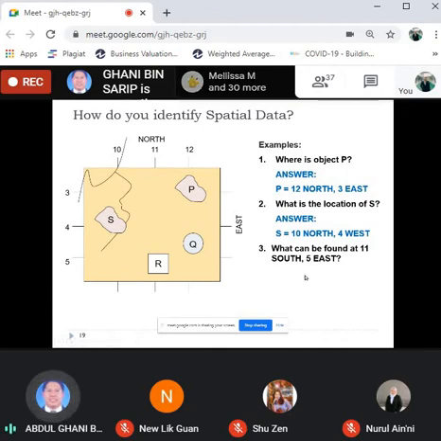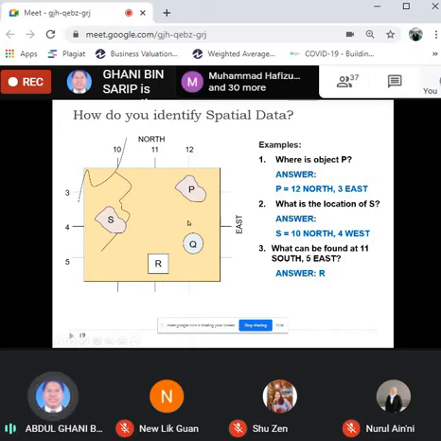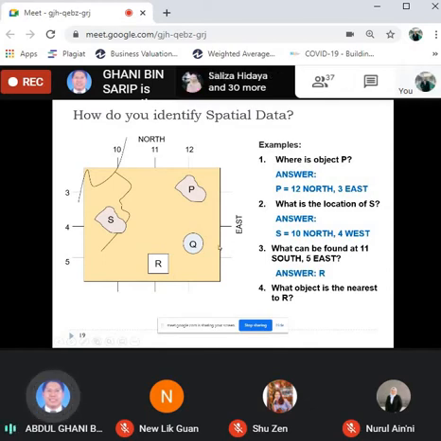What can be found at 11 south and 5 east? This is actually 5 east and 11 south, right? Based on this information given. And what object is nearest to R? Of course, by looking at the map, we note that it is actually Q, right? And we could also query other things associated with the map.